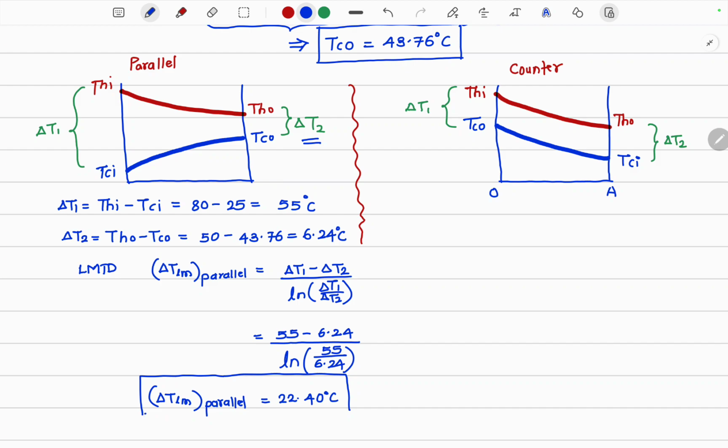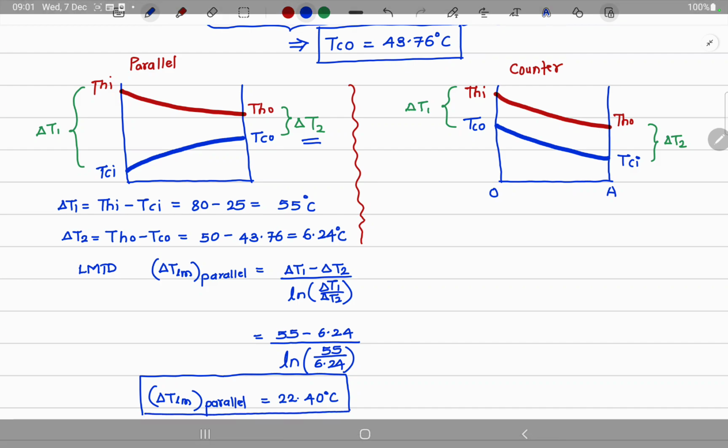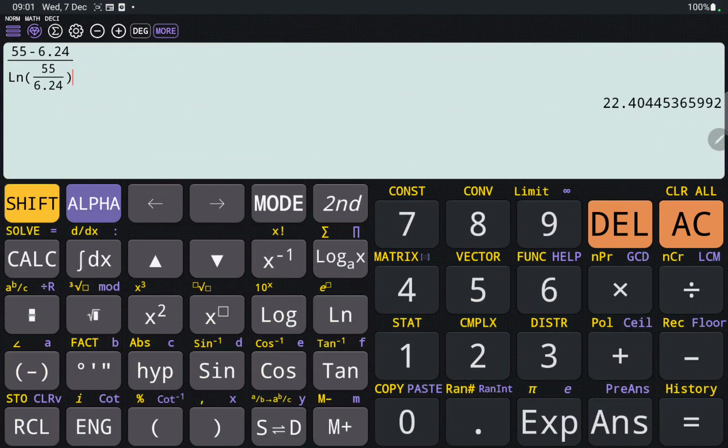For those people who do not have this type of calculator, let us say they have a 100 MS or 991 MS or this 82TL calculator, I can show you how to do that. 55 and 6.24. You just need to be careful with the brackets.